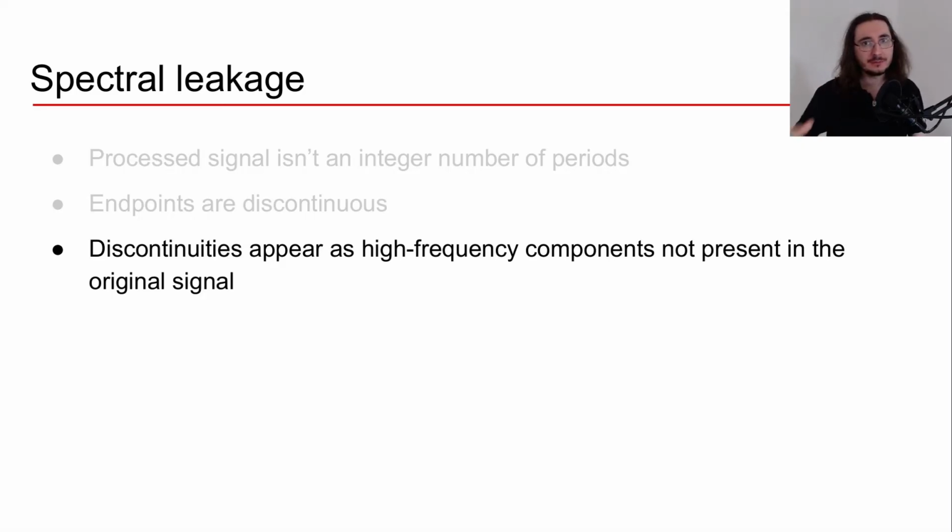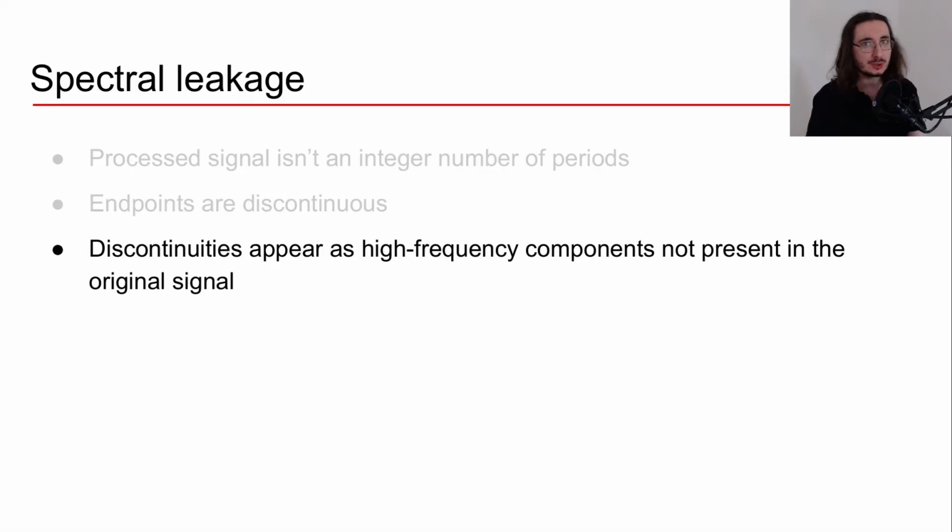They're just some kind of artifact that appears because of the discontinuities at the endpoints of the signal that we are processing with the Fourier transform. So, in other words, some of the frequencies at the discontinuities just leak into other higher frequencies, hence the name spectral leakage.